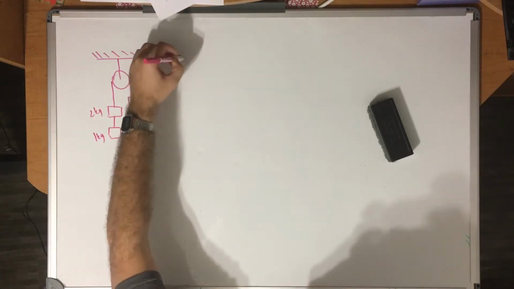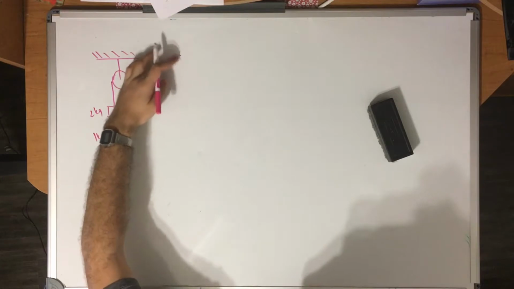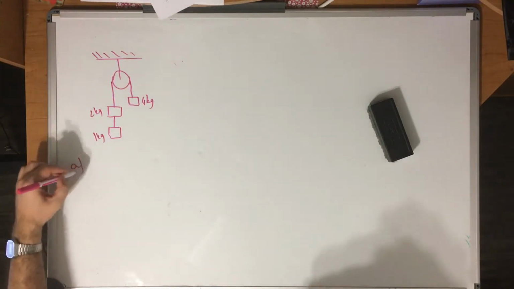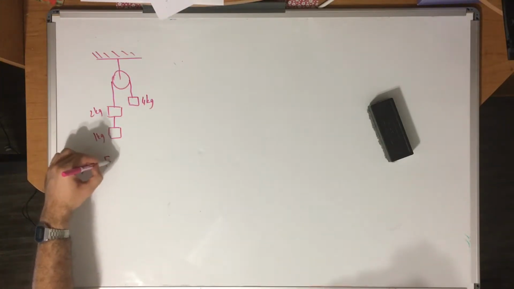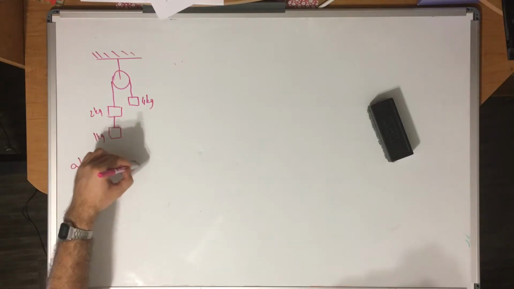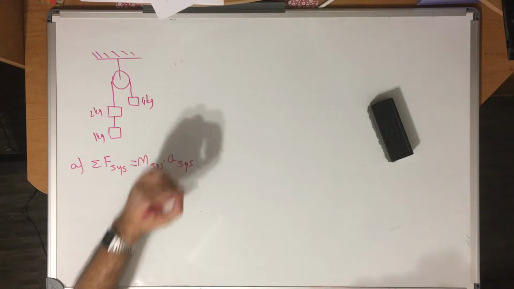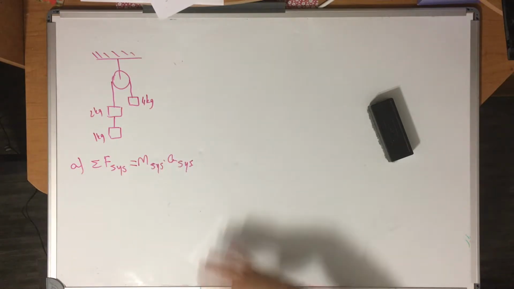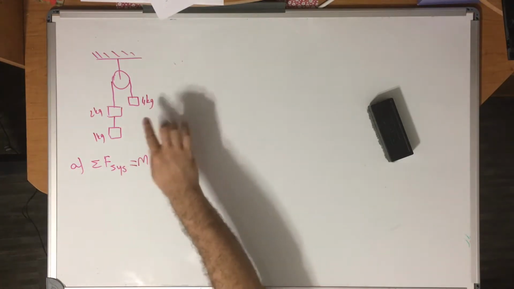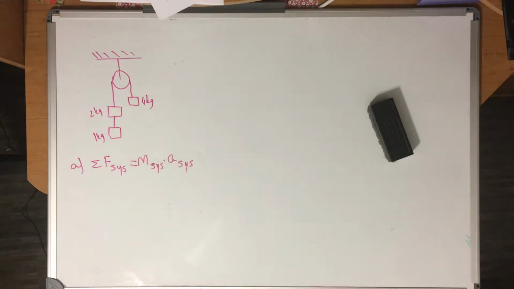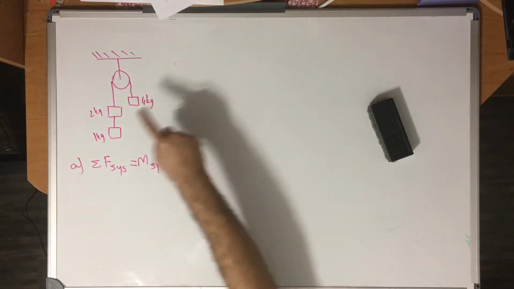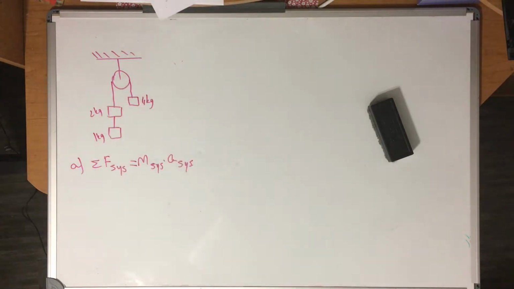And for such questions, I use total force of the system equals mass of the system times acceleration of the system. Because for those systems, they're asking for acceleration of the 4 kilogram, but technically all of those masses are moving together. So all of the accelerations are equal to one another.